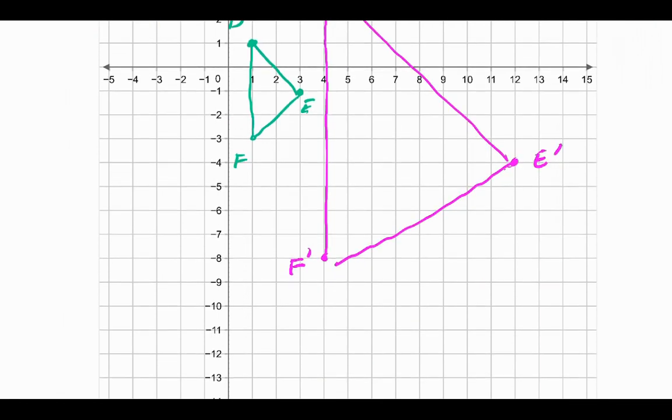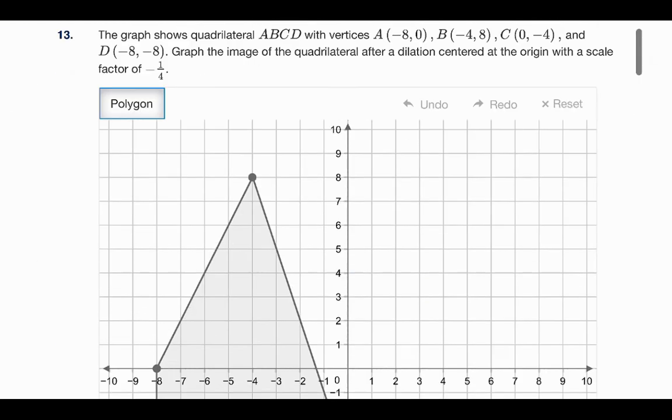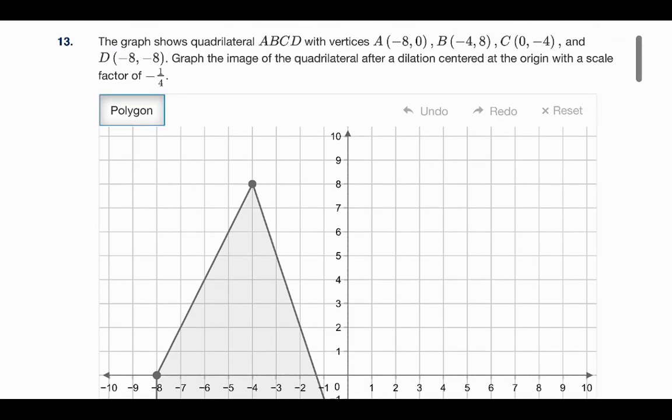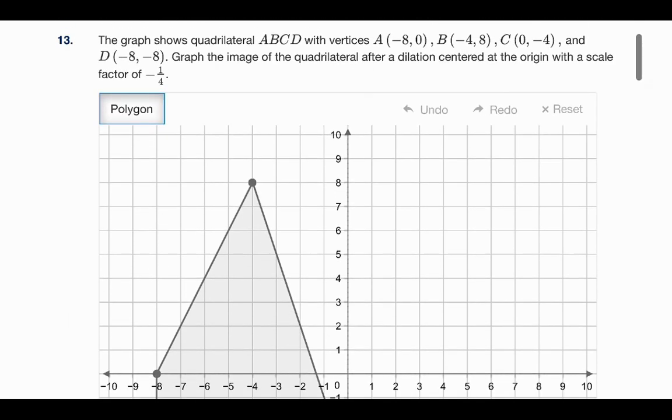Okay. All right. Well, we're getting there, people. Again, all you have to worry about is that it tells you what to do. So on this one, the graph shows quadrilateral ABCD with vertices A at negative 8 and 0, B negative 4 and 8, C 0 and negative 4, and D negative 8, negative 8.